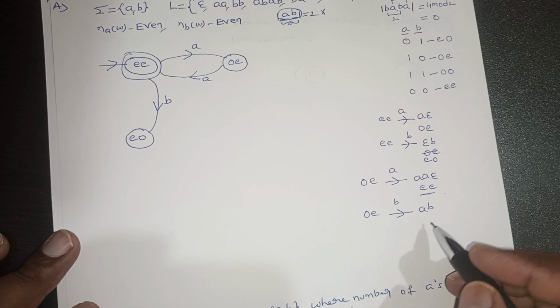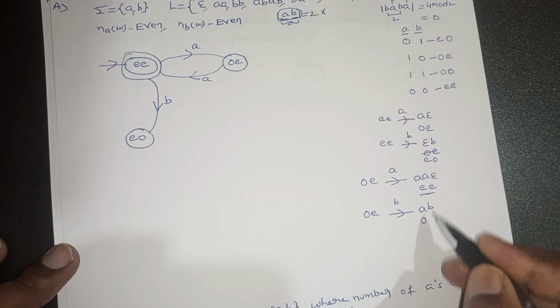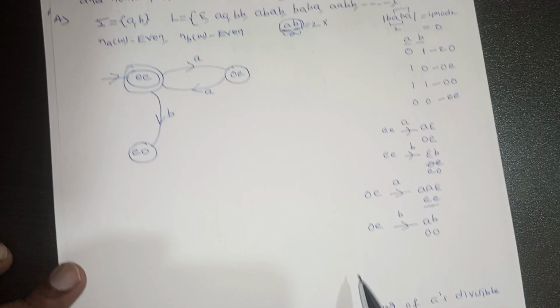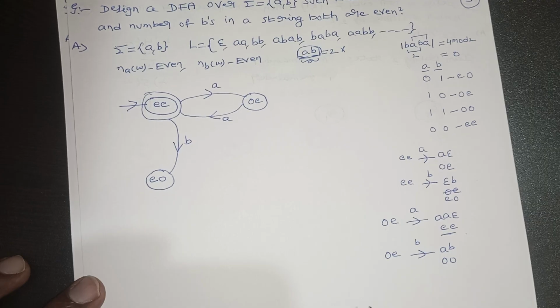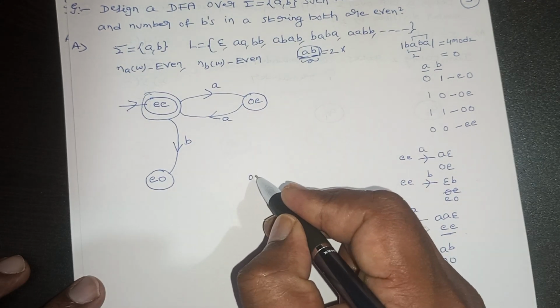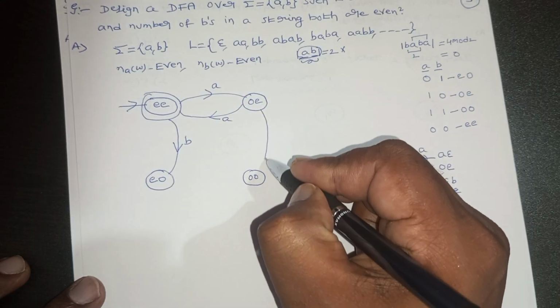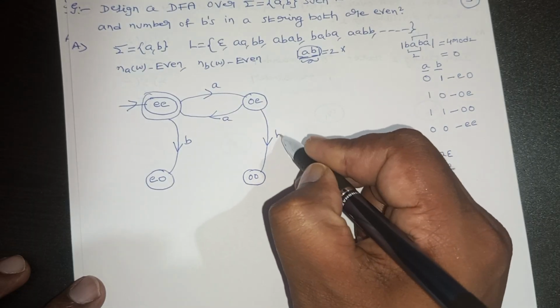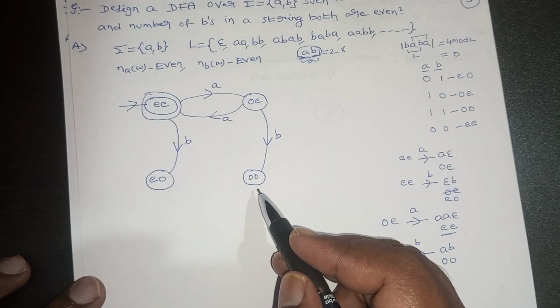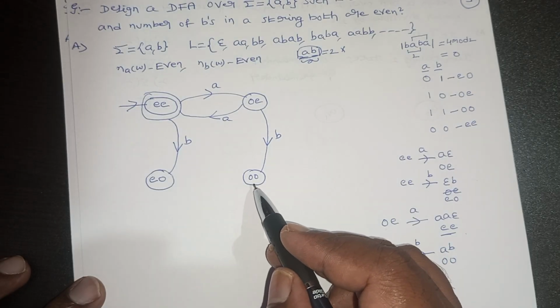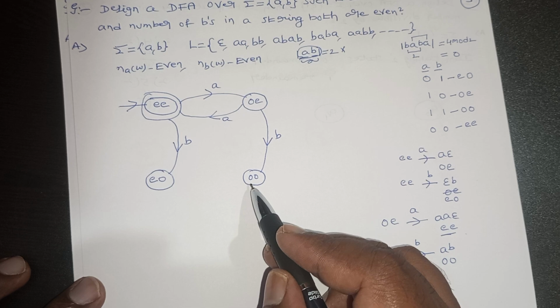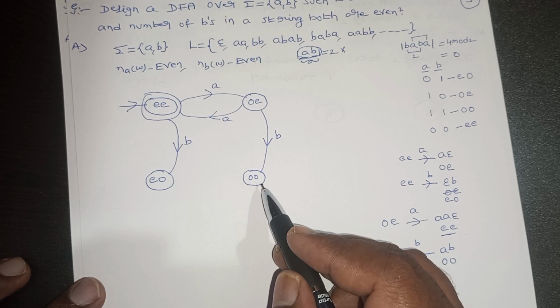So what is B here? Odd number of A's, odd number of B's. Then we have to form the new state. The state is OO. So OE on B, I am going to odd number of A's, odd number of B's. Here OO does not mean zero zero; it is odd number of A's, odd number of B's.